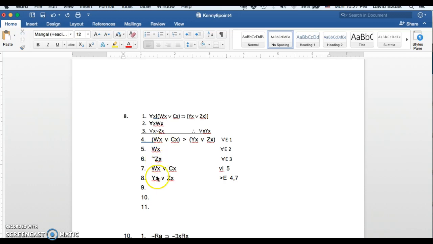And since we have not Z, we can get Yx by disjunction elimination of 6 and 8. And since we did that all with just x's, we're justified in saying for all x, x is a y. So for all x, Yx, and we get that then by universal introduction of 9.